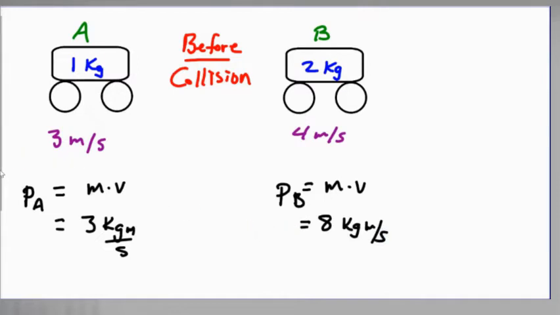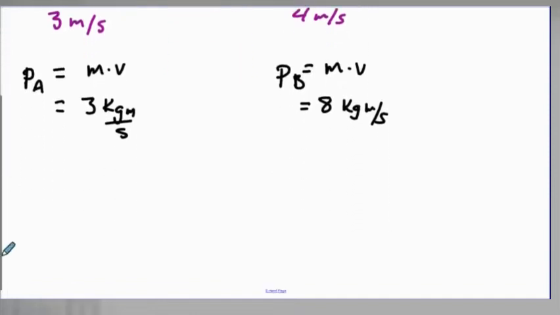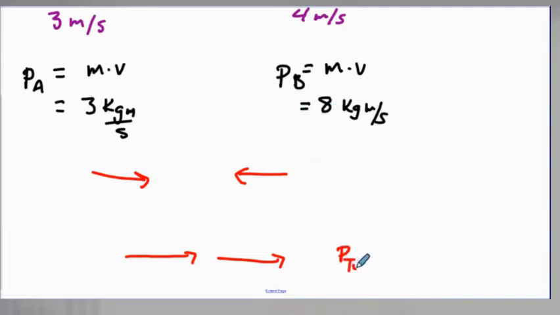So the next thing we need to do is figure out what's going to happen. Are the carts going to move towards each other, or are the carts moving in the same direction? If they are moving in the same direction, we would combine the two momentums to have a total momentum before the collision of 11 kilogram meters per second.